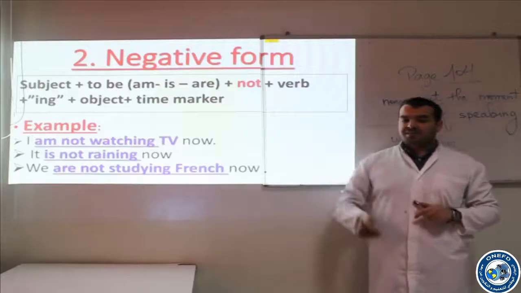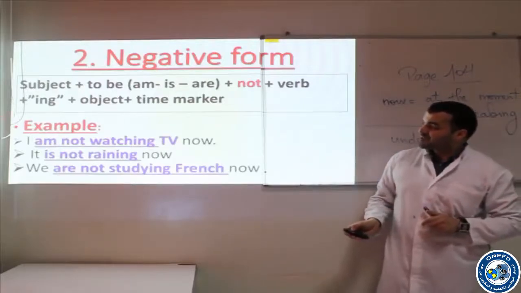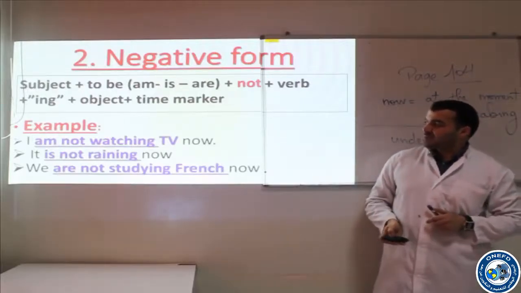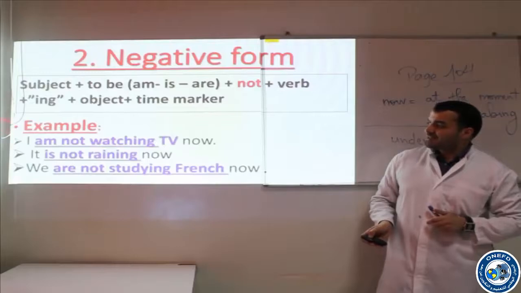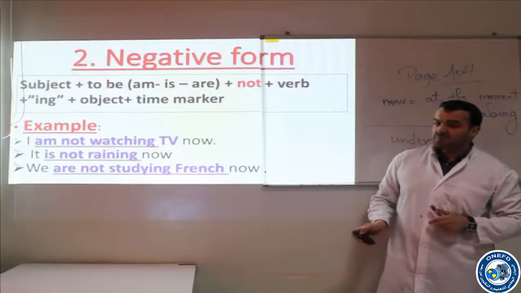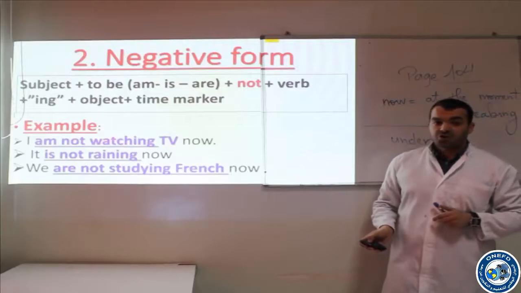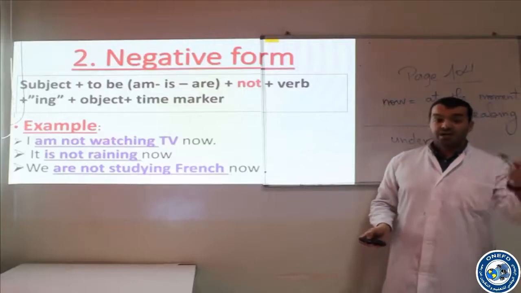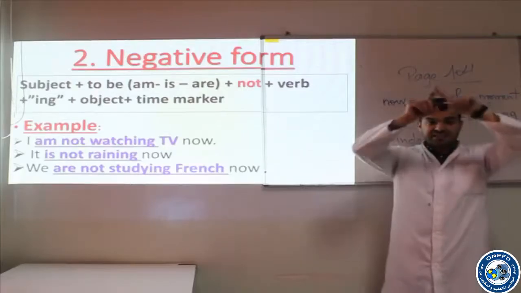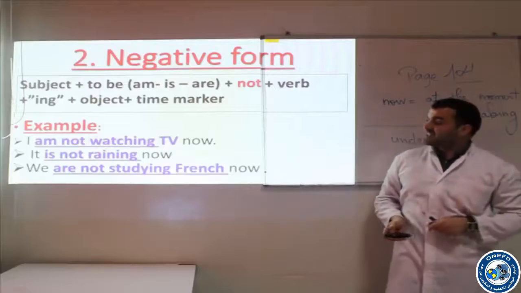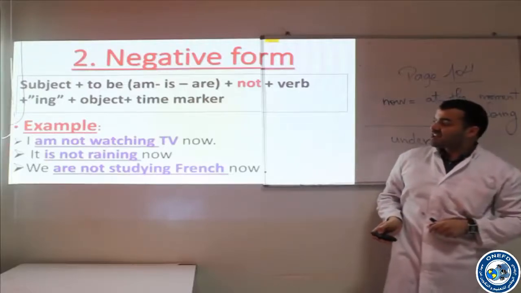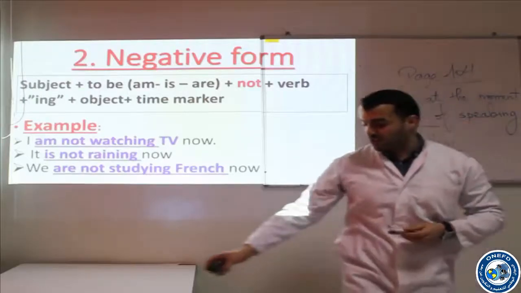I am not, here we add not, watching TV now. I is the subject, to be in present simple, am, plus not, plus verb to watch, plus ing. So, I am not watching TV now. Second sentence, it is not raining, verb to rain.